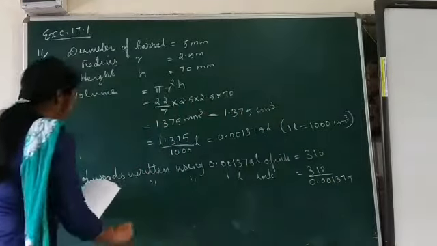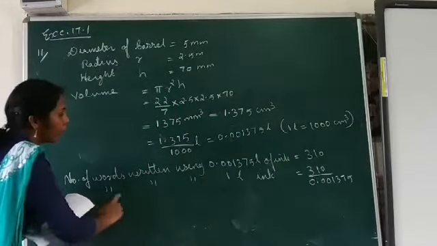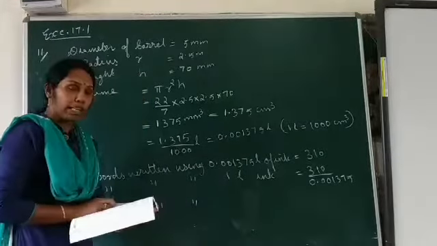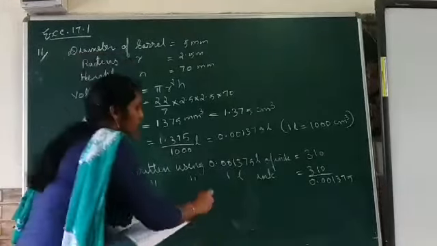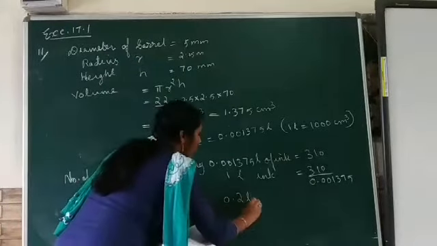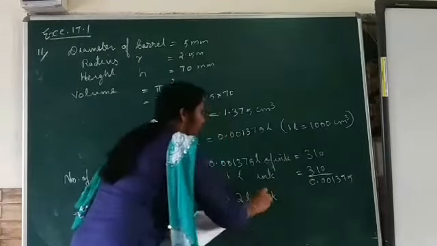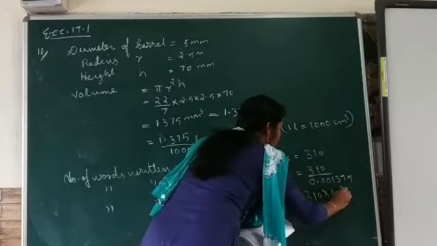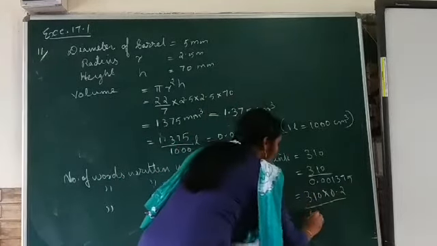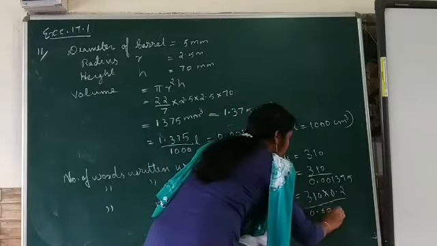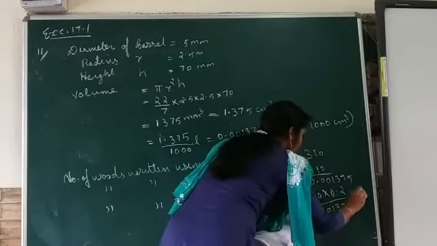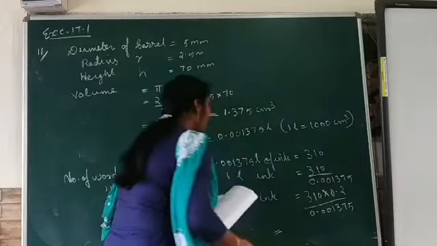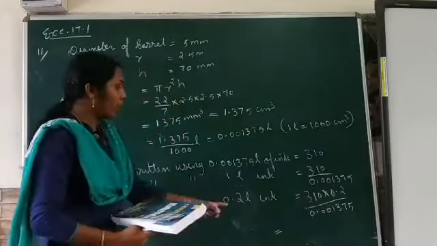Now, again by using unitary method, number of words written using, here it is given 1/5 of a liter. 1/5 of a liter means 0.2 liter of ink is equal to 310 into 0.2 divided by 0.001375. So by calculating this, we can get the number of words which are written using 0.2 or 1/5 of a liter of ink.